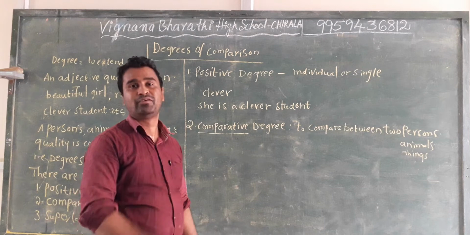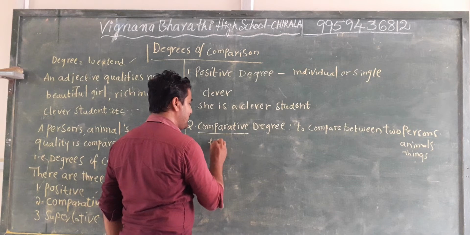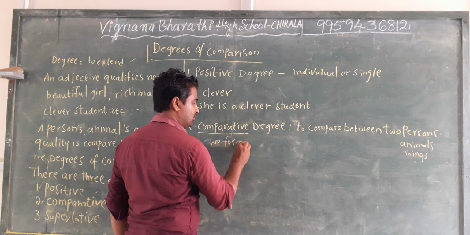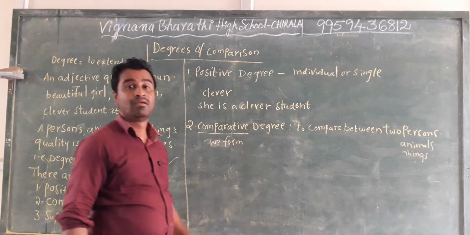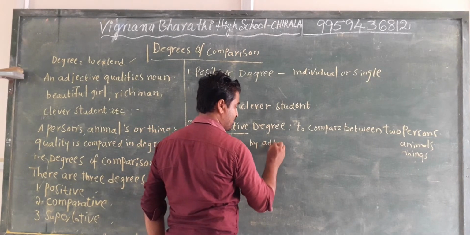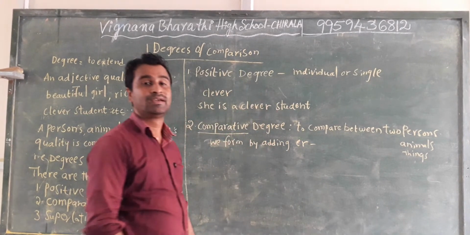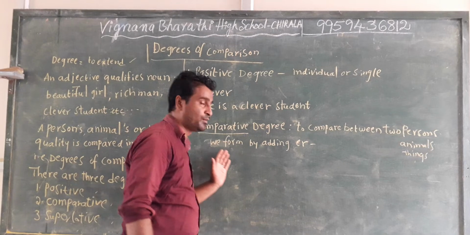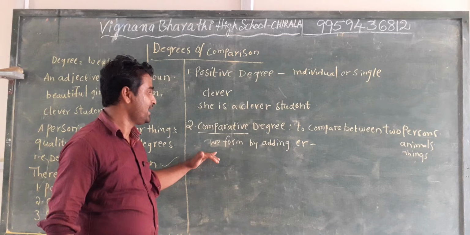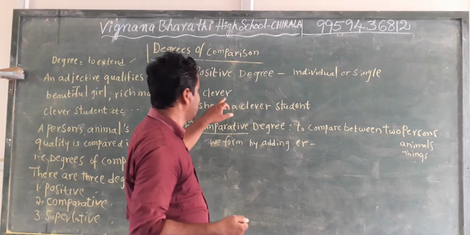How do we form this comparative degree from the positive degree? We form comparative degrees by adding ER to the positive degree, that is by adding ER to the adjective.